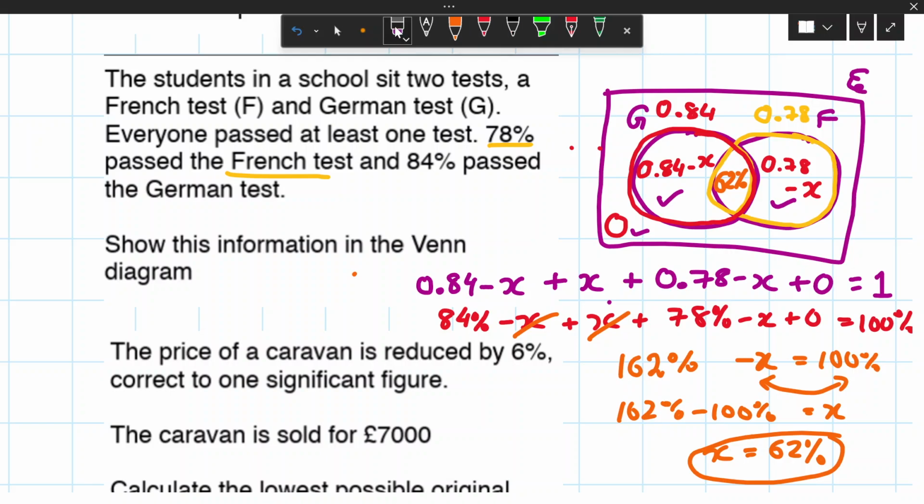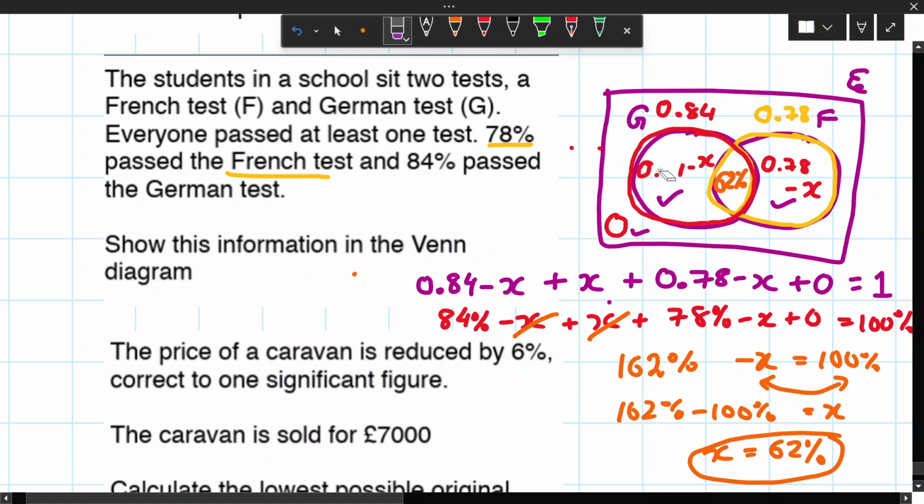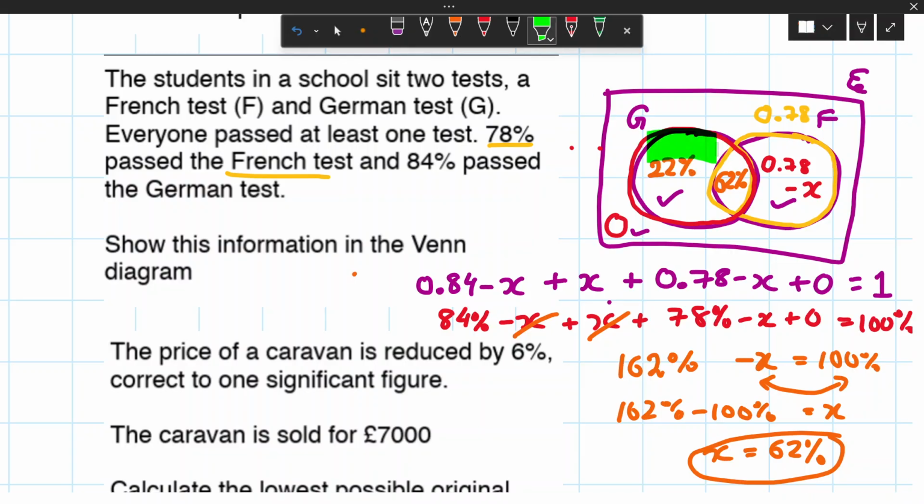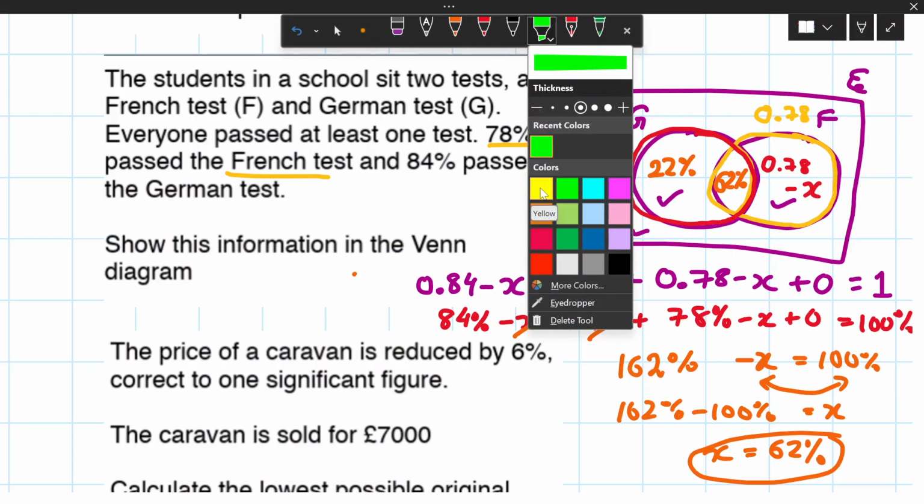So if that is 62, I know the full thing is supposed to be 84%. So 84 take away 62, that's going to be 22%. Because altogether, this right here should add up to 84. So what's on the center is 62, so the remaining bit should be 22. Maybe I should have used a milder color there.